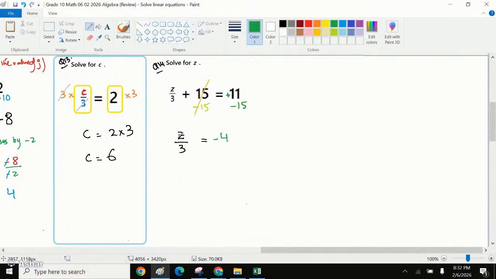If z is being divided by 3, can we remove this 3 by multiplying both sides by 3? That means 3 times 1 is 3, 3 times 1 is 3. So what are we left with? We are left with z on this side. What is 4 multiplied by 3? That is 12.